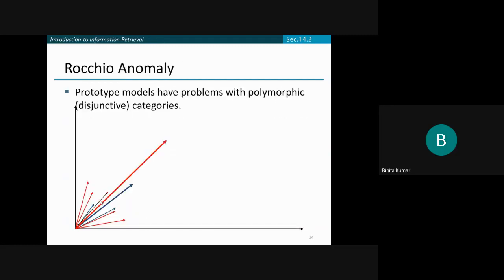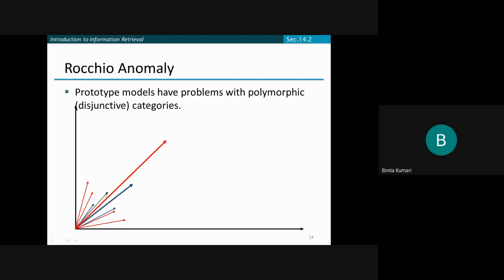But if you see here, this test document is now very much close to the blue documents, whereas it is far off from the red documents.